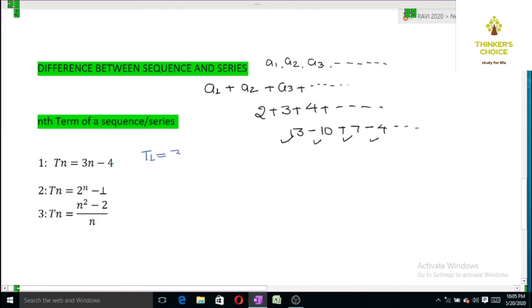We obtain 3 minus 4 equals minus 1, and put n equals 2, we get 6 minus 4 equals 2.